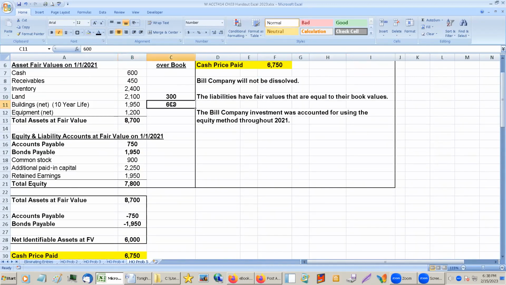I did not. Okay, land isn't going to depreciate, but the buildings will. So this will be 60.